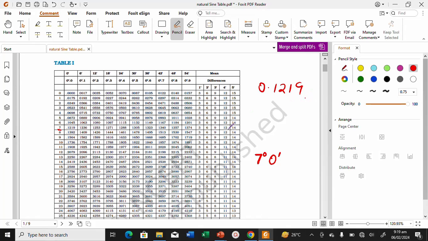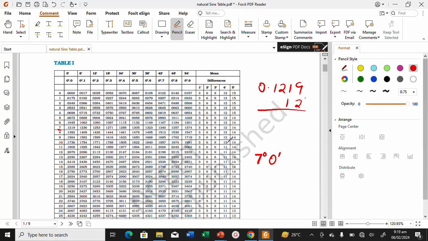We need a bigger value to get to 0.123. Let's say we add 12 here.